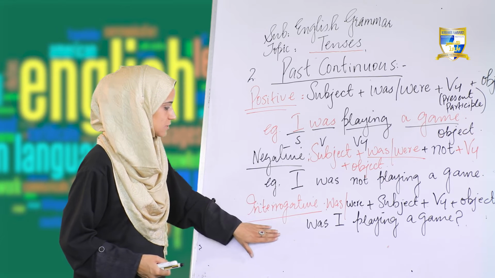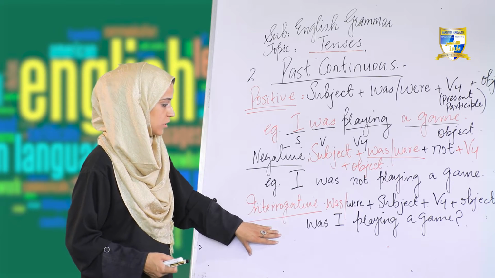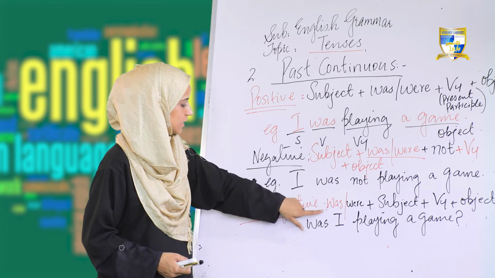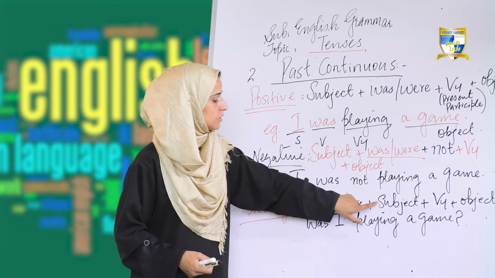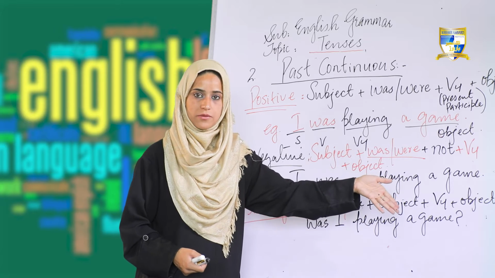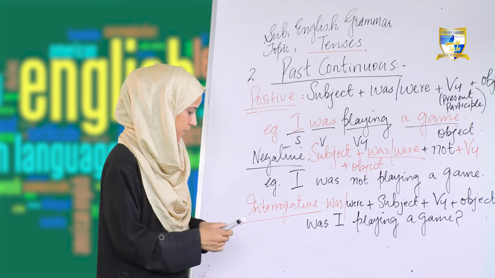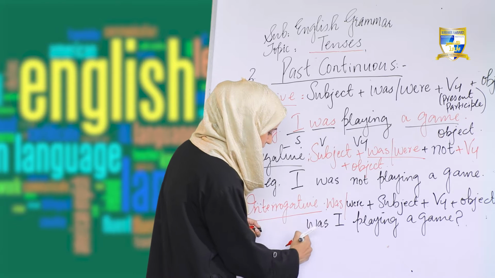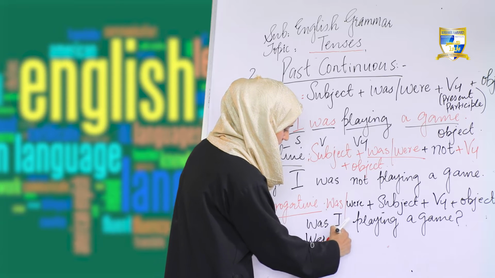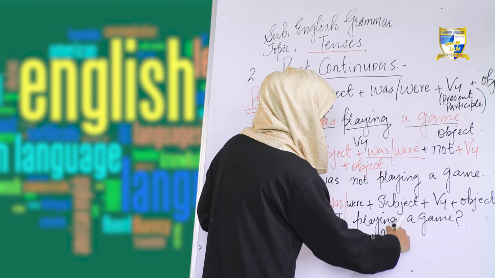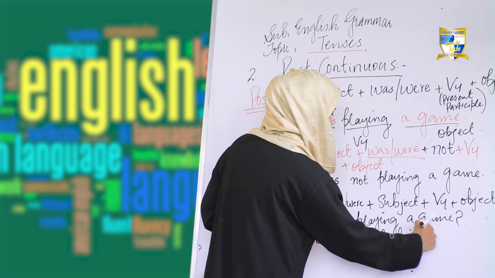Then the interrogative sentence with past continuous form is like, you take the auxiliary verbs, helping verbs, in the beginning, was or were, then the subject, followed by the verb-ing, and then the object. For example, was I playing a game? Let me show you one more example with were. Were they looking odd?